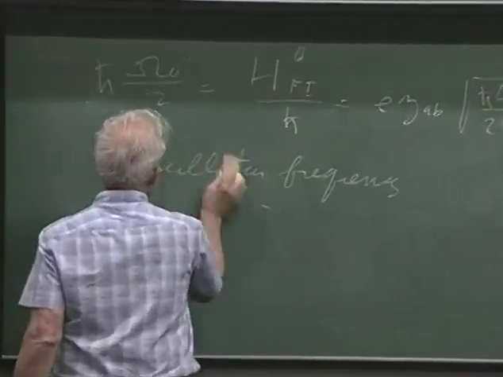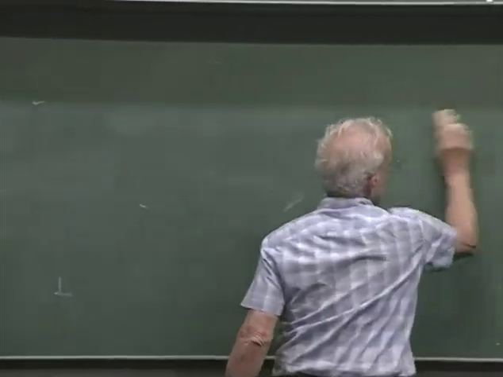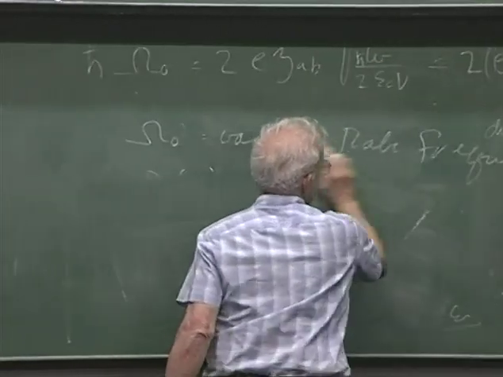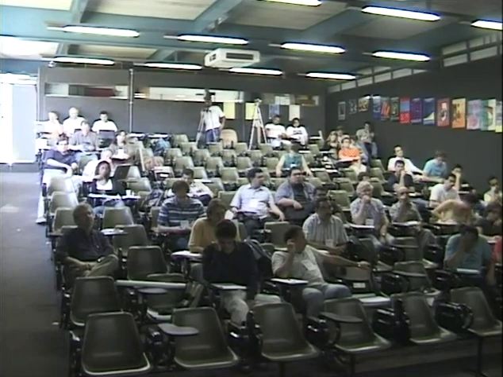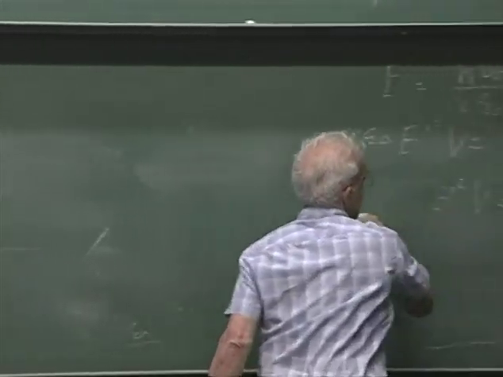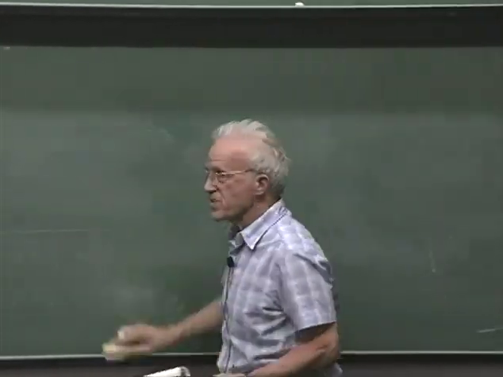If you'd like to get a stationary result, you have to take the limiting case of that transition probability and integrate the probability over the distribution of frequencies or modes.